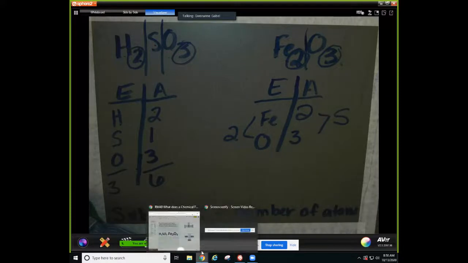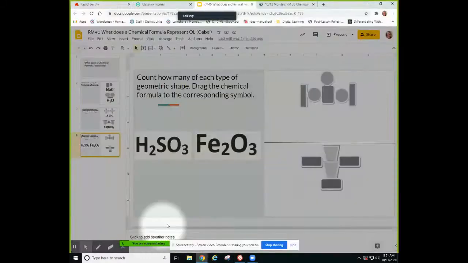So let's go back to our picture. This one is going to be easiest to answer by counting the total number of atoms. So remember, this compound had 6 total atoms, and this compound had 5 total atoms.